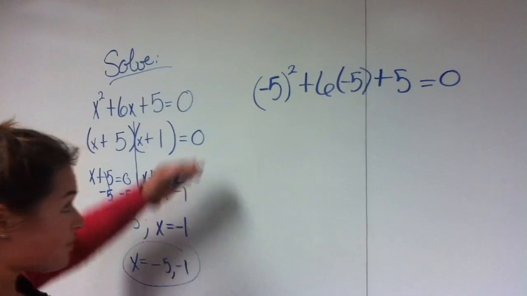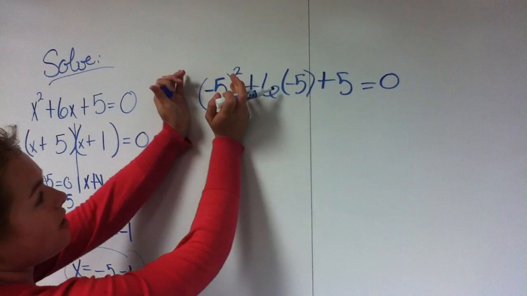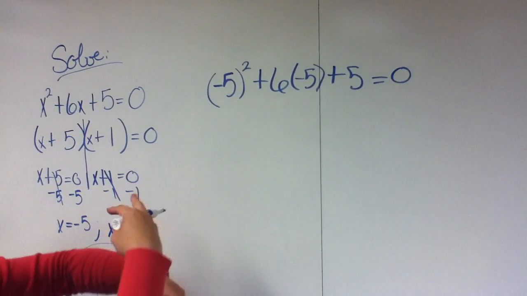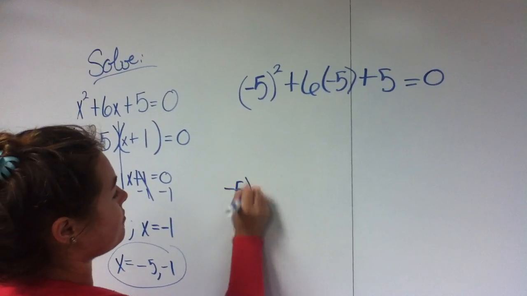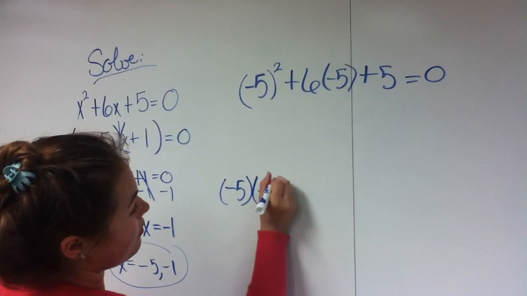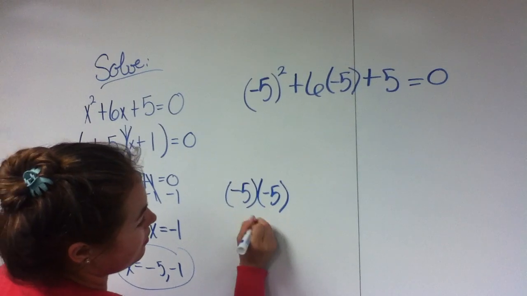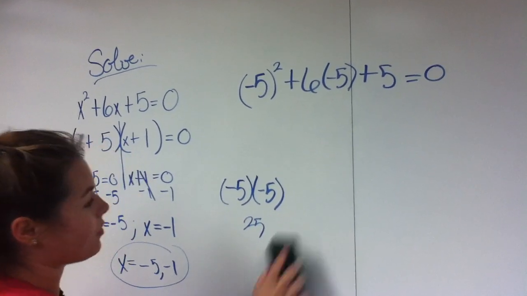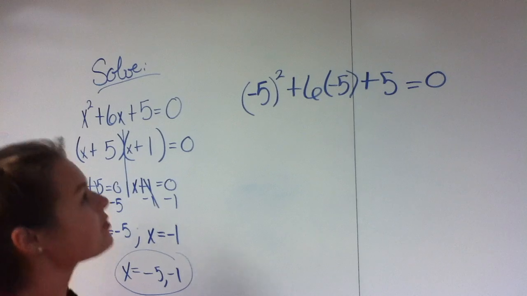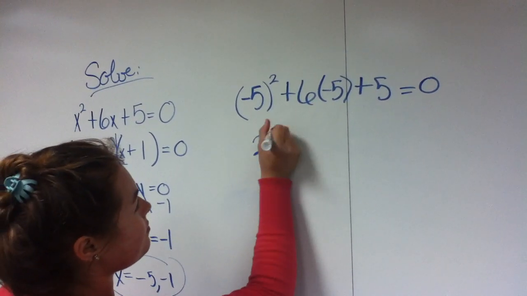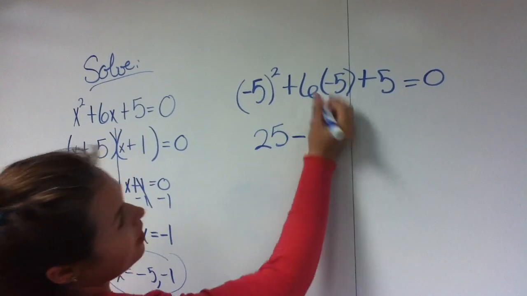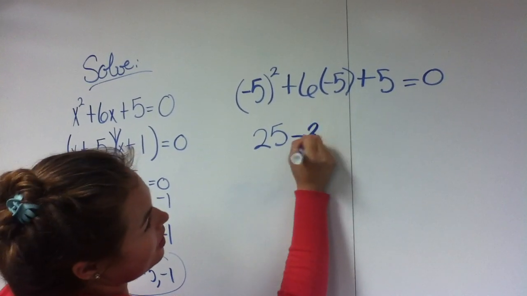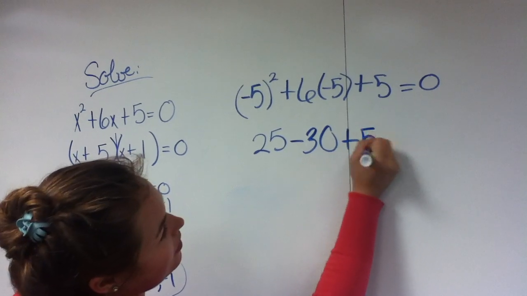When you have parentheses around a negative, you include the negative in that square. So it's negative 5 times negative 5, which gives you a positive 25. Then positive times a negative equals negative, 6 times 5 equals 30, and then plus 5 equals 0.